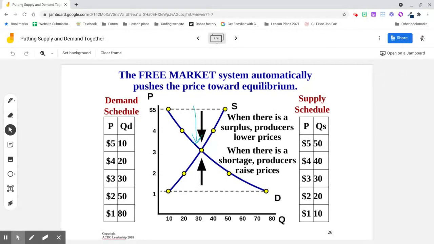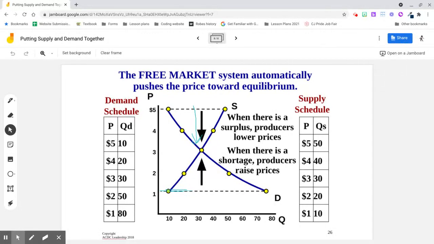Same thing when there's a shortage. If I don't have enough iPhones to put out there, say I'm charging $1 for iPhones and I've got lines around the corner, I've got to slow down how many people are buying so that I can keep up with the demand.